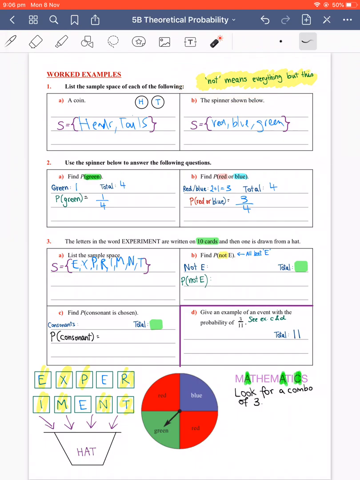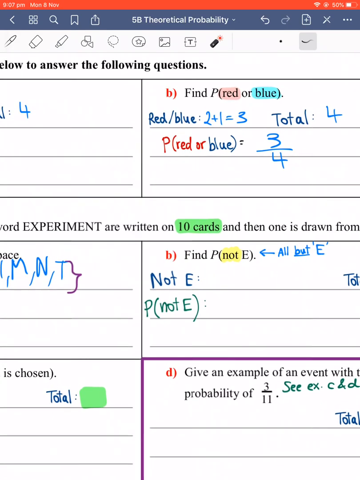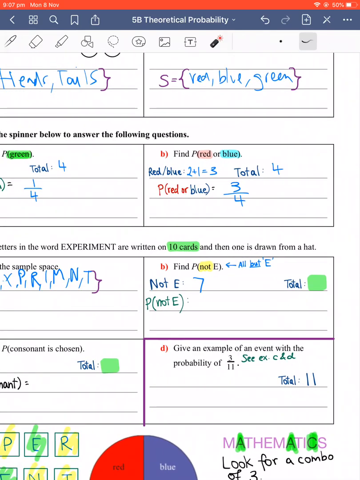So if I have a look here, I'm going to highlight which ones are E. So I have 3 out of my total that are E. Okay, but I want everything but E. So 1, 2, 3, 4, 5, 6, 7. I have 7 that are not E. Okay, and my total, remember, was my 10 cards. So we have our total. Now we can write our probability, which is 7 over 10.